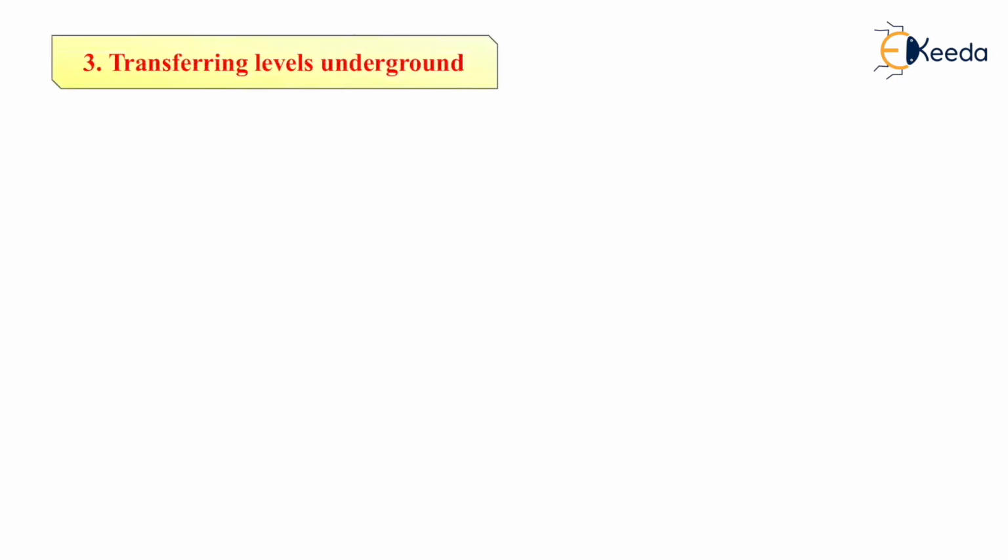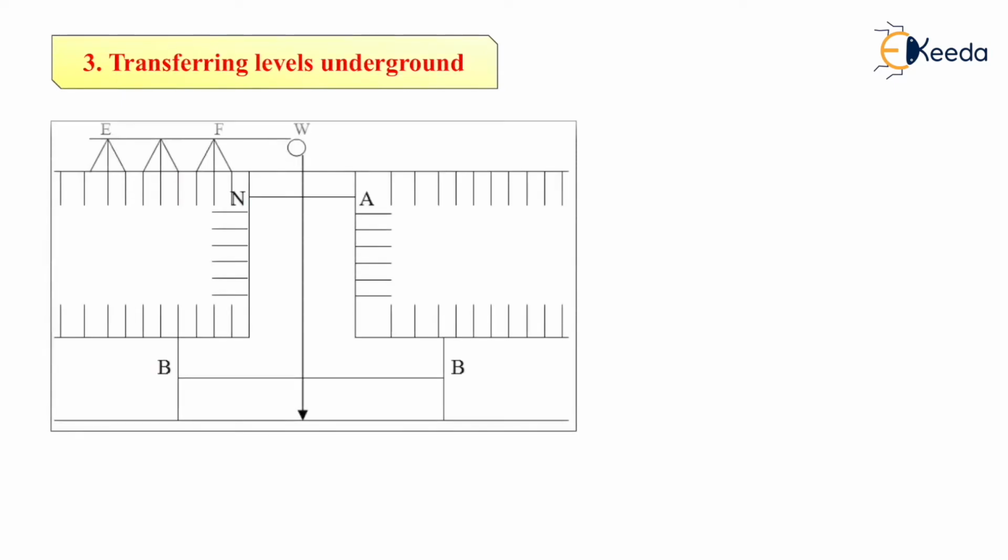Now let us discuss transferring the levels underground. In the figure, as you can see, we have to transfer the level underground. The leveling on the surface is done in the usual way, and the levels are transferred underground at the end of the tunnel from the nearest benchmark.